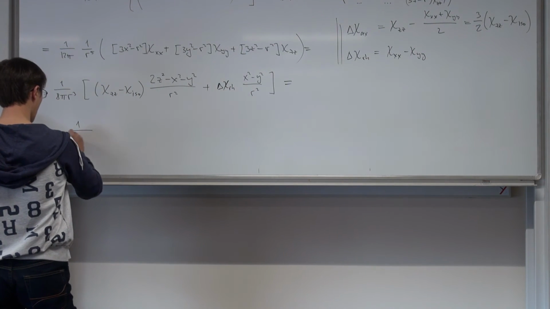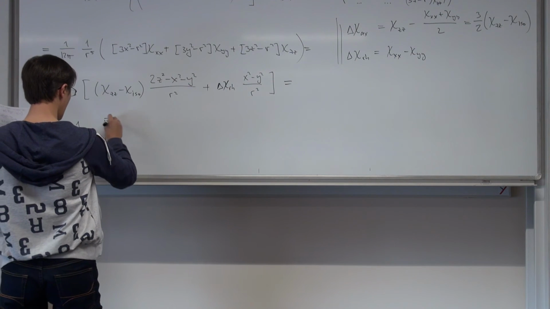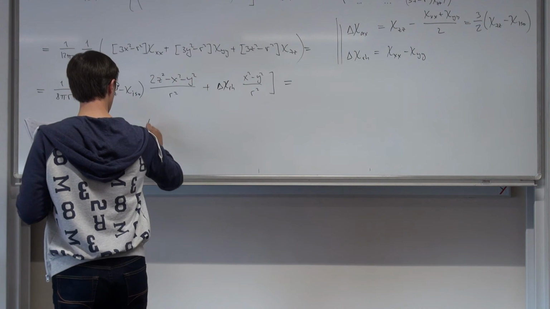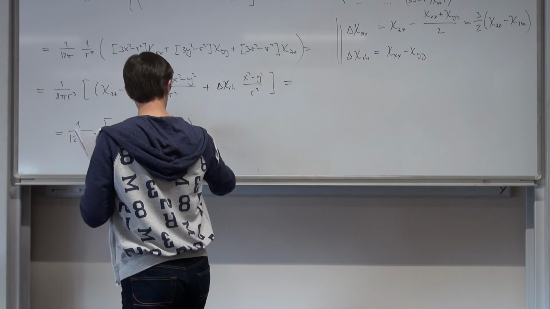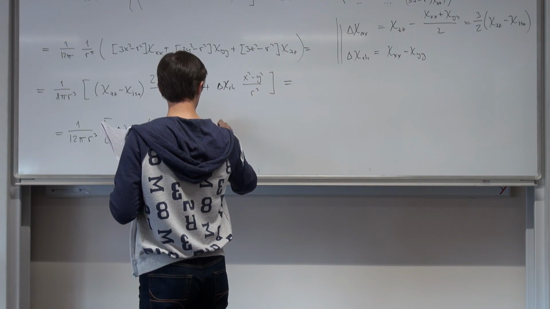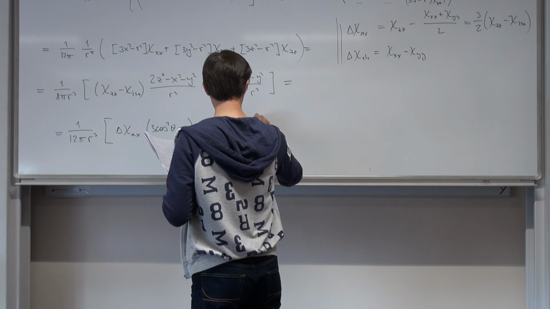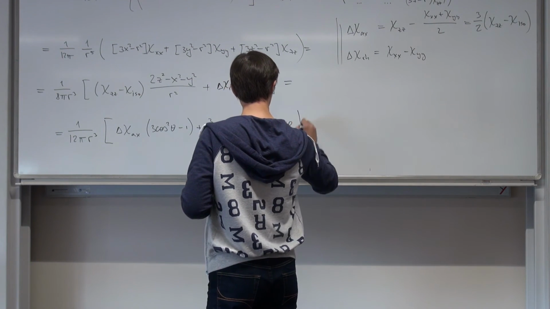It's 1 over 12 pi r cubed, delta chi axial, 3 cosine squared theta minus 1, plus 3 halves delta chi rhombic, sine squared theta cosine 2 phi.